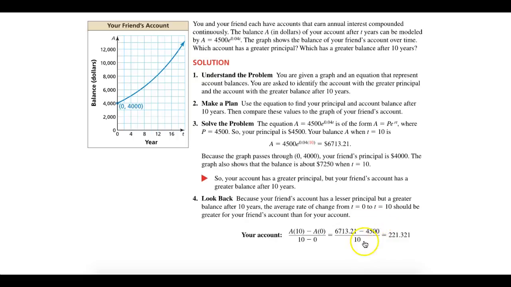If we subtract our initial value and divide by 10, our rate of change was 221. For our friend's account, we take their value at 10 years minus their initial value, then divide by 10, and their rate of change was 325. That makes sense. They had a higher rate of change, which is why they ended up with a higher balance even though they had a lower principal.